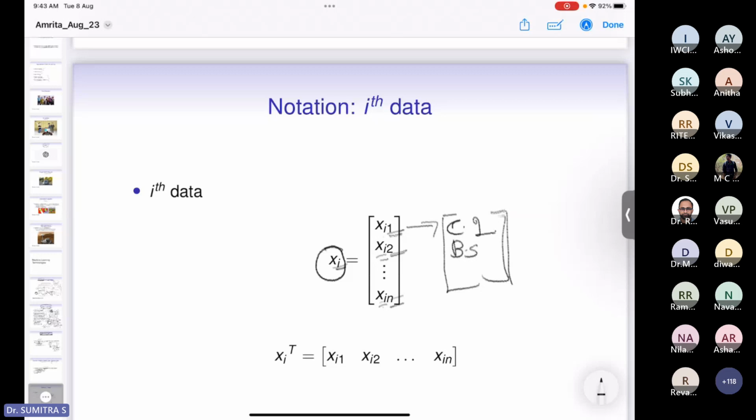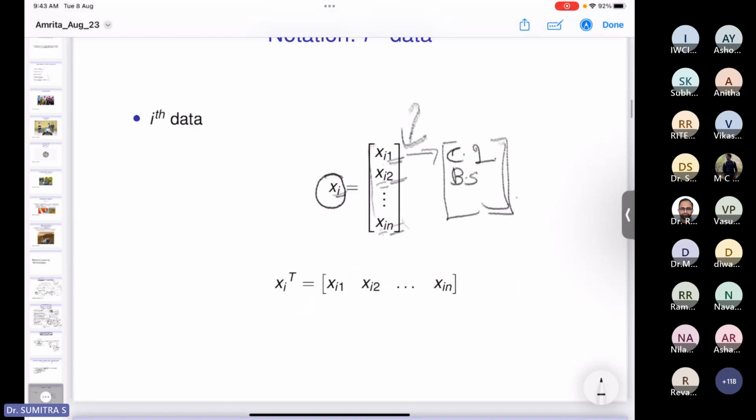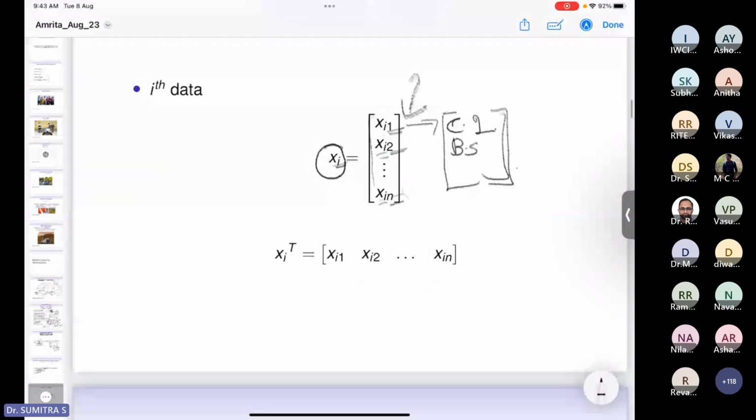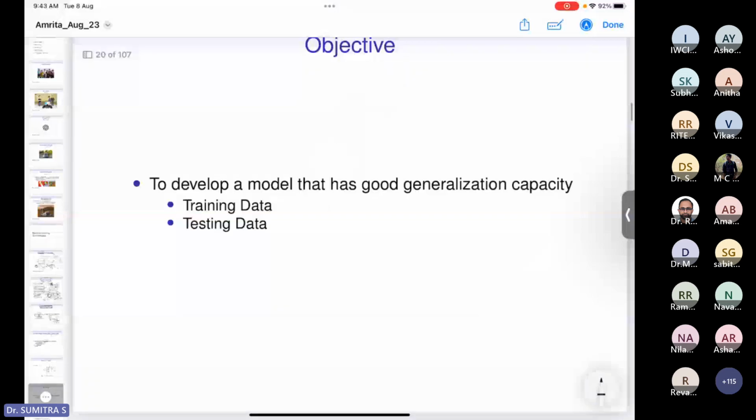Only two attributes will be there. Usually we write the vector in column format, which is the standard way. If I want to write it in row format, I take the transpose. So this is the notation.